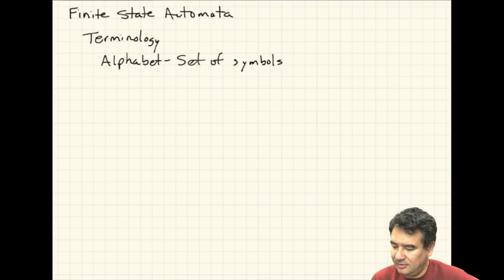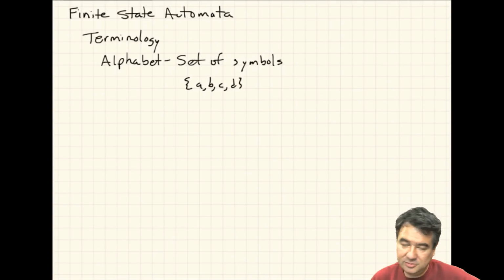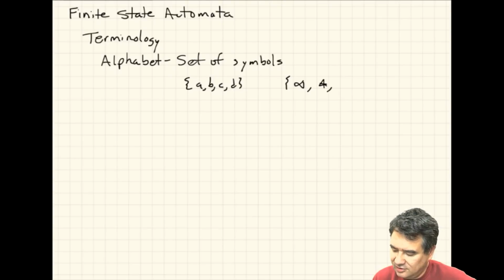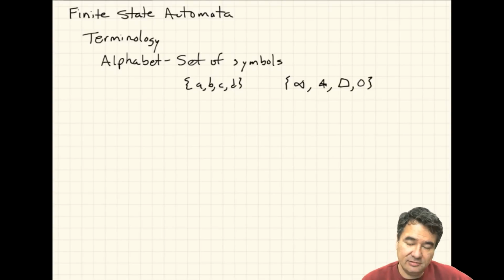An example of that might be the set of A, B, C, and D, which means these are the only symbols that our finite state machine works on. It could be anything else, like fish, star, box, and circle. Pretty much any set of symbols that you want to accept in your finite state machine.